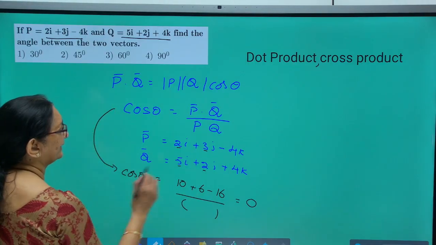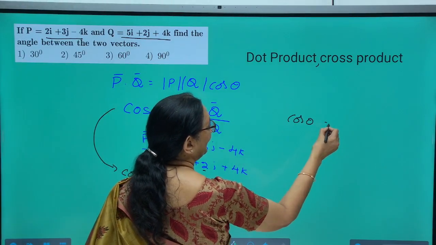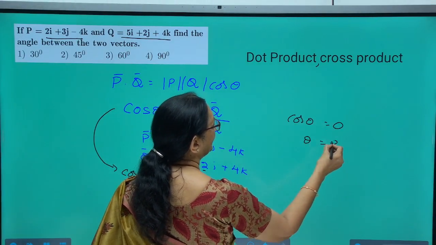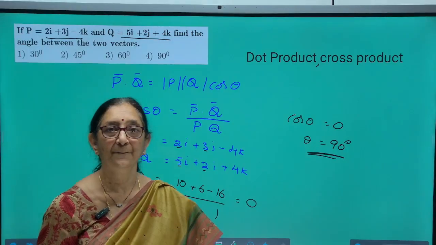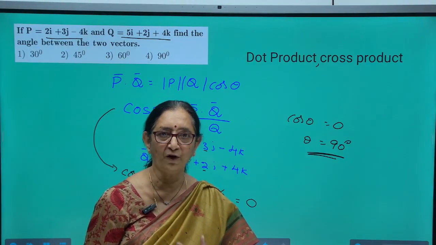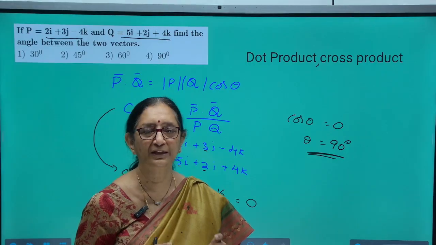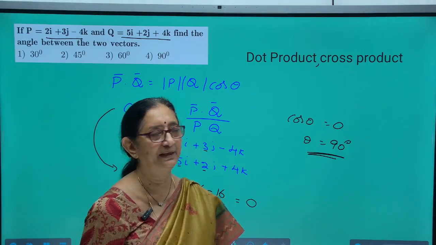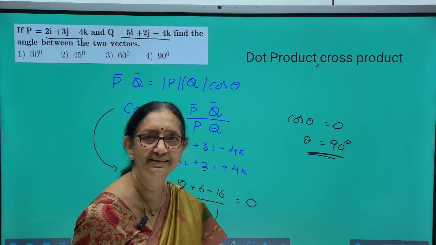So cos theta is 0. Cos theta is 0 implies theta is equal to 90 degrees. So the two vectors are mutually perpendicular. In case of dot product of two vectors, we already know that when two vectors are mutually perpendicular, the dot product of two vectors is 0.